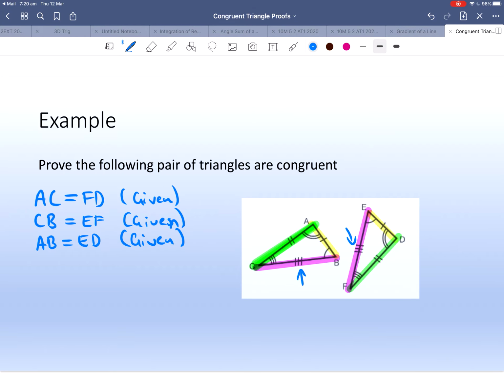So this is how we have to set the proof up. We have to do this first line, second line, and that line. It doesn't matter which order you put it in, but you need to have 3 lines. And then we make a closing statement, okay? Therefore, triangle ABC is congruent, so our higher order of equals, to triangle DEF, right?